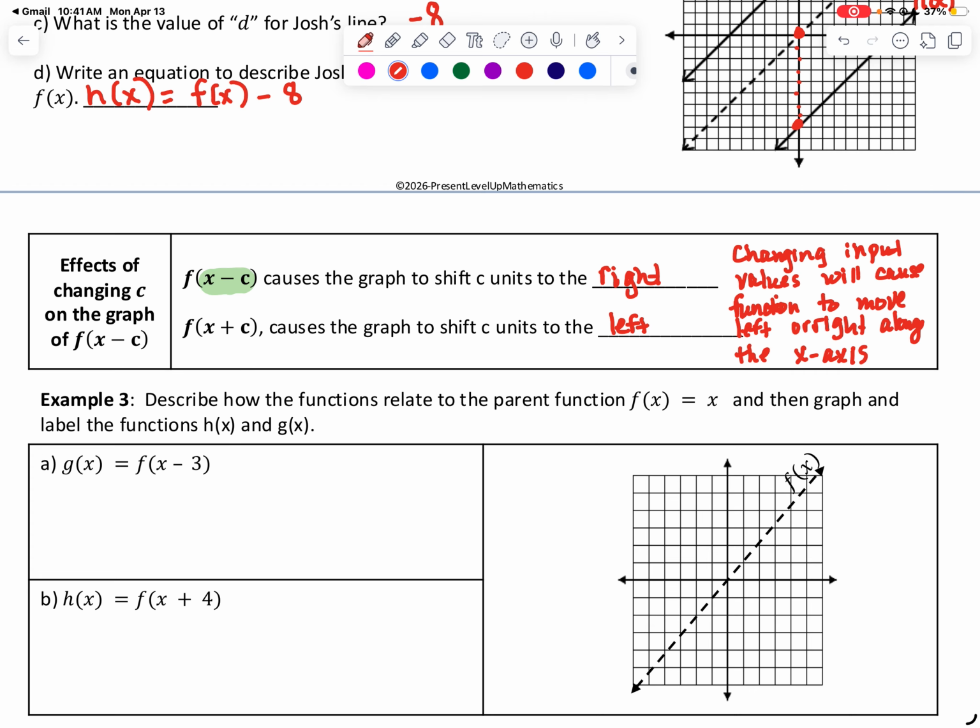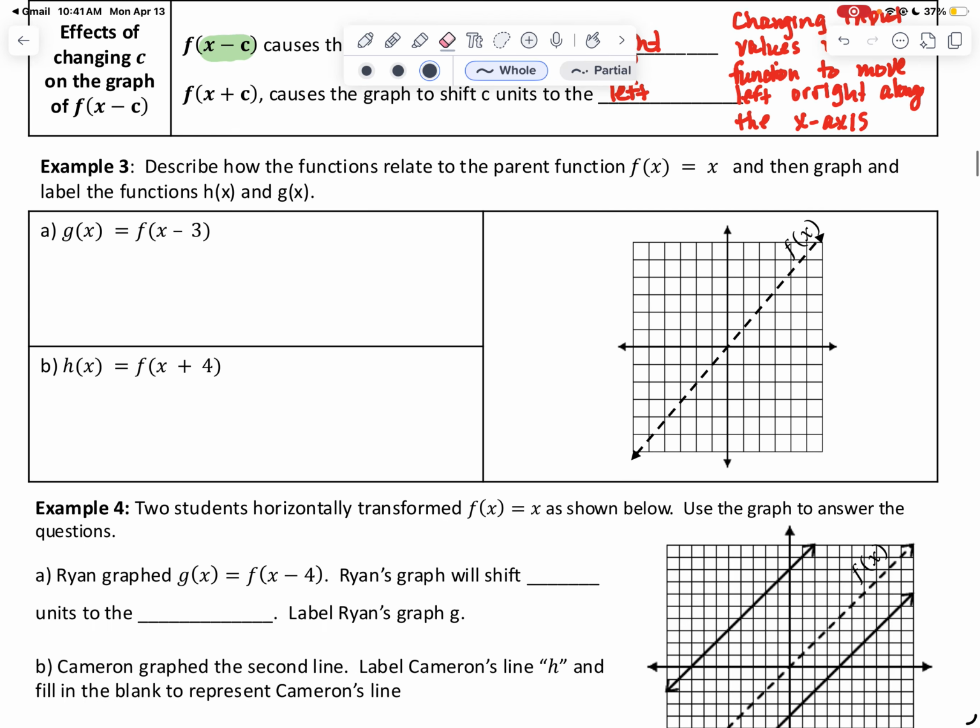In our other examples, we were moving up and down the y-axis. And these examples will be moving left or right along the x-axis.